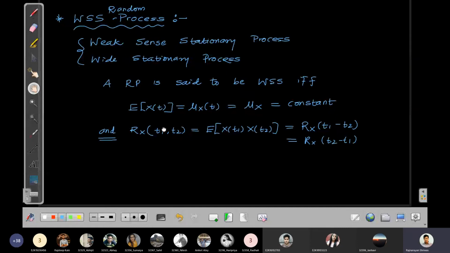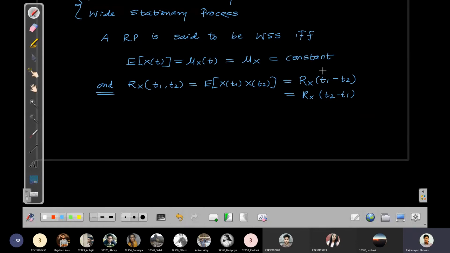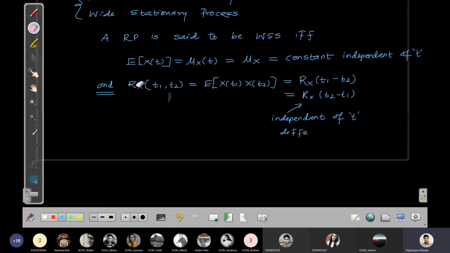So it's independent of time, meaning independent of absolute time. Or you can say it only depends on the difference of time.